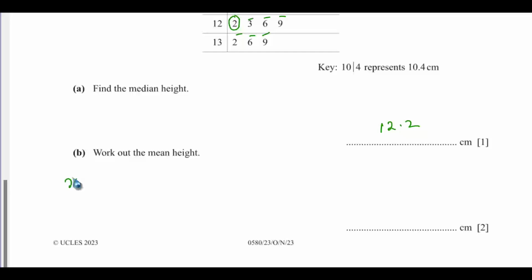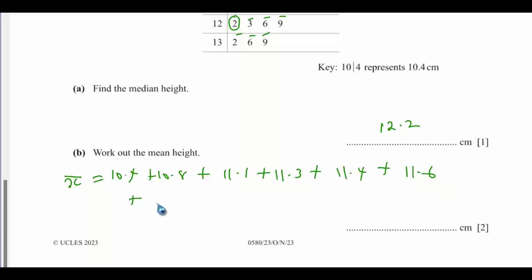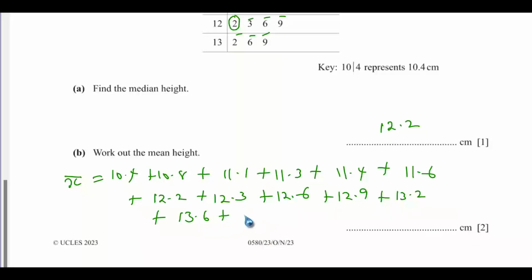So the mean, denoted by x bar, will be equal to 10.4 plus 10.8 plus 11.1 plus 11.3 plus 11.4 plus 11.6 plus 12.2 plus 12.3 plus 12.6 plus 12.9 plus 13.2 plus 13.6 and finally plus 13.9.